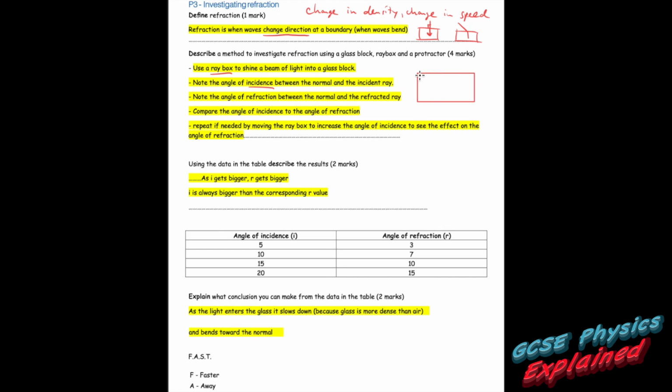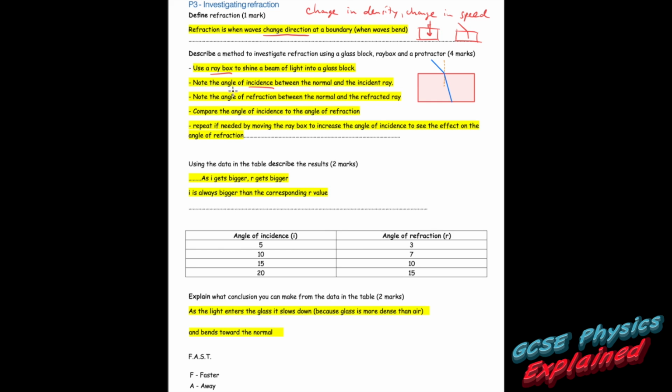So if this is the glass block and we're shining the light in, there's a little normal line, which is an imaginary line which is perpendicular to the boundary. And what will happen is the wave will bend, and because the wave goes slower, it'll actually bend toward the normal.